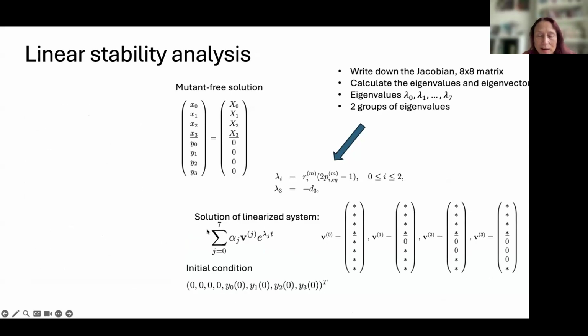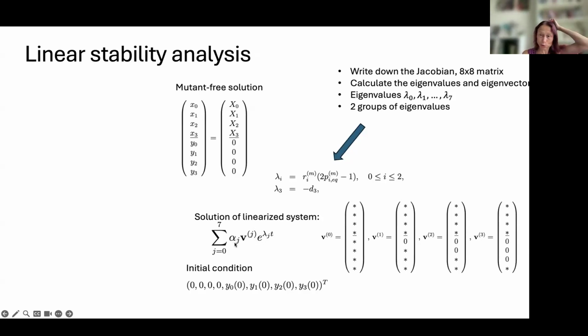Okay. So let me remind you how to proceed with this analysis. Once we have all the eigenvalues and all the eigenvectors, the solution of the linearized system can be written like this, where these are the eigenvectors. These here in the exponent are the eigenvalues times t, and these are some constants.